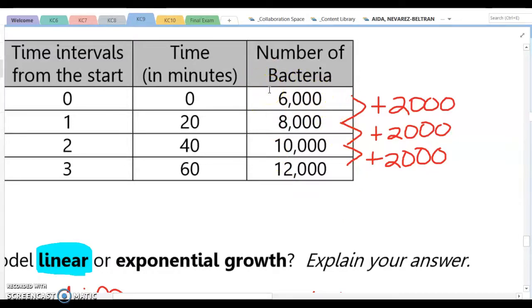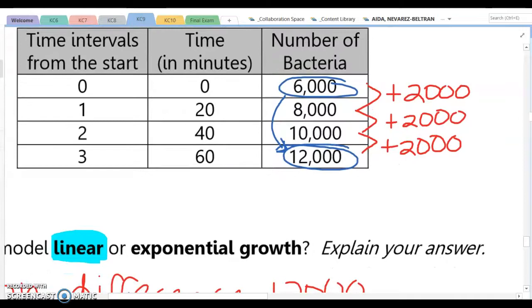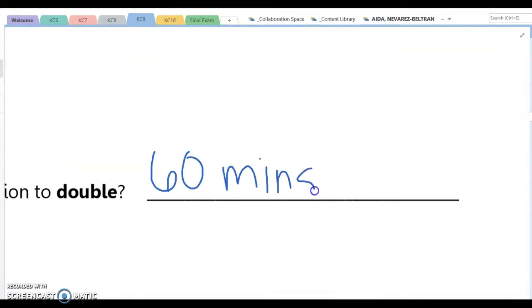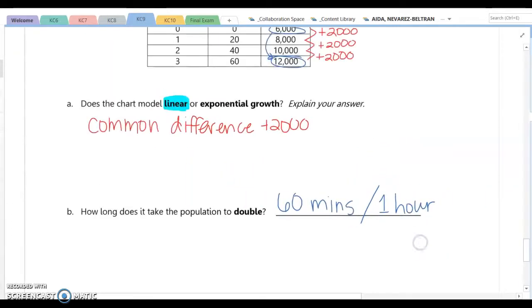Double 6,000 is 12,000, so we want to see how long it took to get all the way up to 12,000. That took 60 minutes, or a full hour. However you want to write that, 60 minutes or an hour.